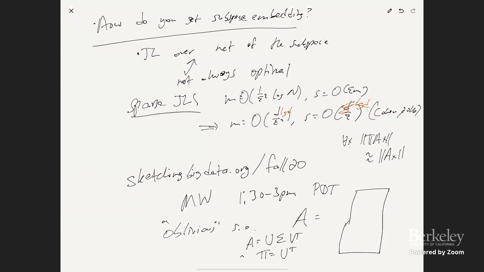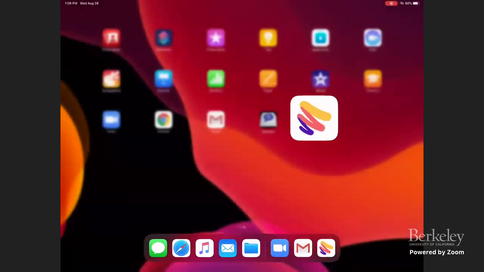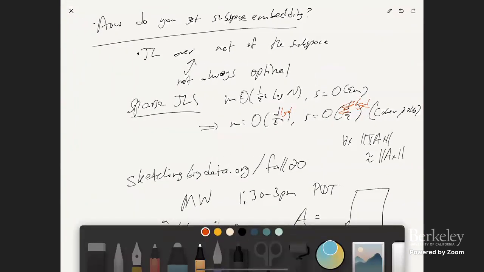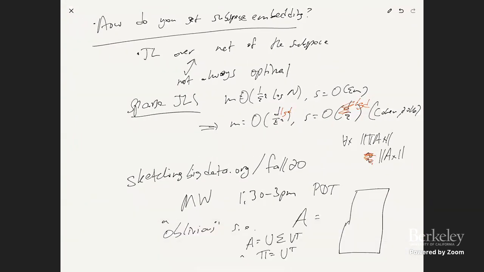If I pick pi to be U transpose, then not only are these approximately equal, I actually get equality: pi Ax equals Ax. The problem is that it's very expensive to get this pi because I have to compute the SVD. For regression, getting this SVD is just as expensive as actually solving the original regression problem. So I haven't gained anything.